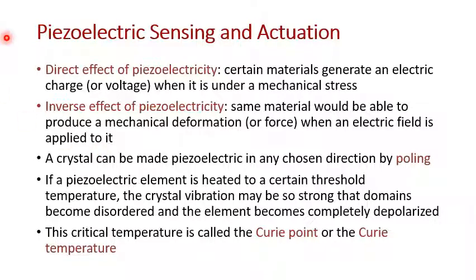Now, a piezoelectric crystal can be considered as a mass of minute crystallites or domains. Because of the random distribution of domains throughout the material, there will be no overall polarization or piezoelectric effect. So a crystal is being made piezoelectric in a chosen direction by means of poling. Poling means exposing the material to a strong electric field at an elevated temperature.